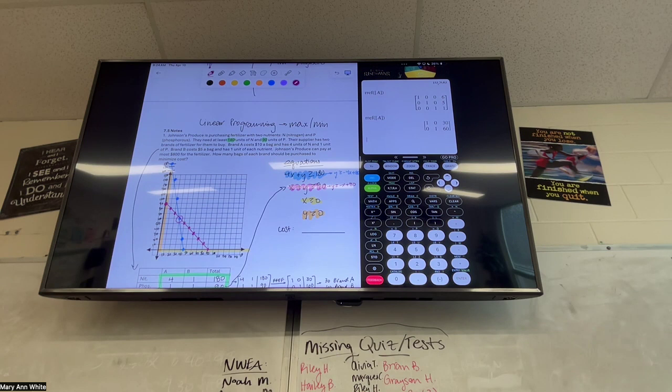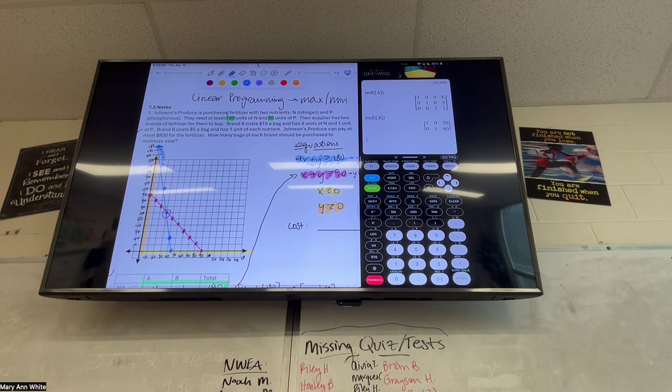Now, both of these, I didn't shade when I graphed that blue one, but we need to shade. When it says greater than, we're going to go above the line. So I'm going to shade above the blue line.